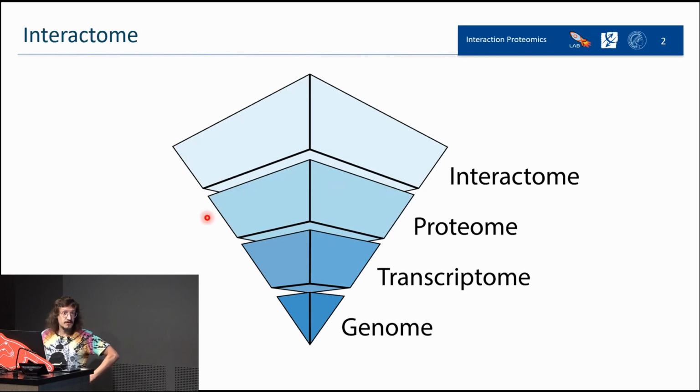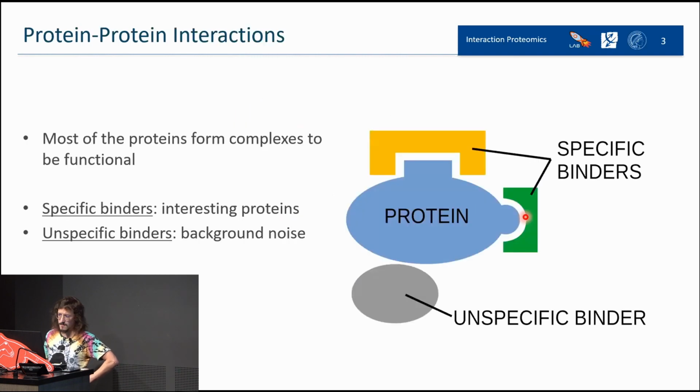So in this particular talk today, we will just focus on protein-protein interactions. Unfortunately, there is not enough time to talk about any type of interaction. So what about protein-protein interactions? We all know that most proteins, but kind of also every single protein, need to create a complex in order to be functional.